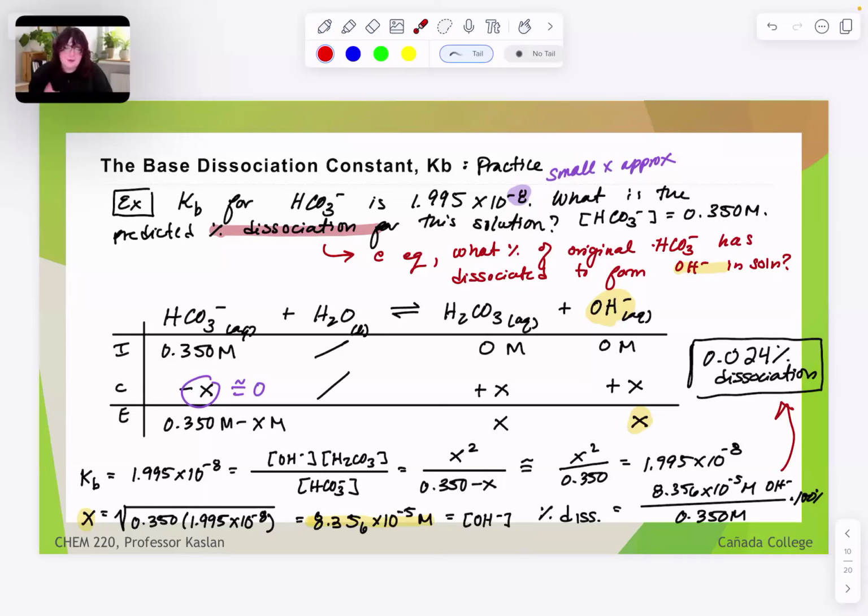We're thinking about what happens if I've just got a solution of, say, acetic acid in front of me. What happens if I have a solution of ammonia in front of me? What can I say about the amount of acid or base particles present when that solution exists in its dissociative equilibrium state?